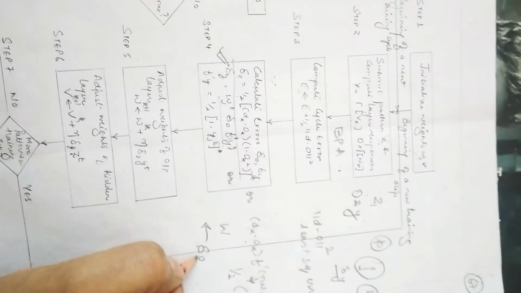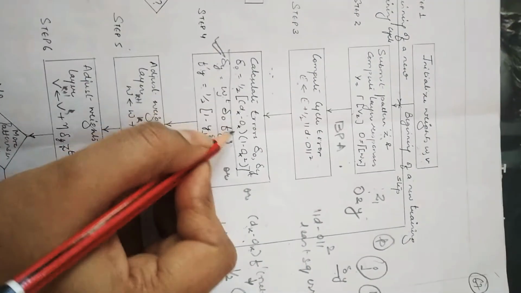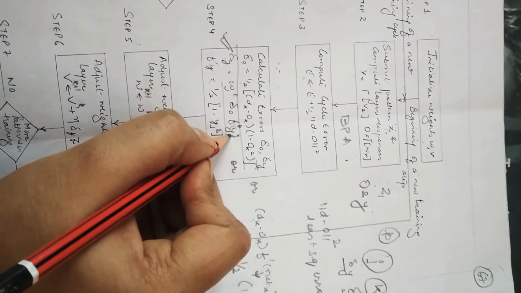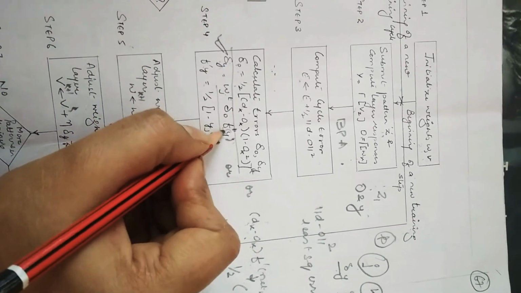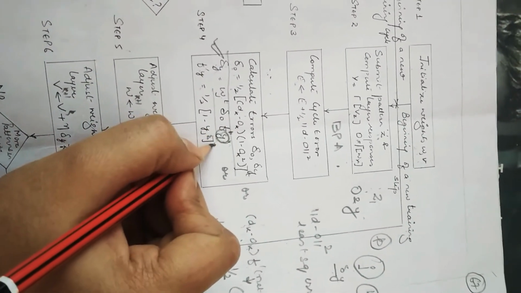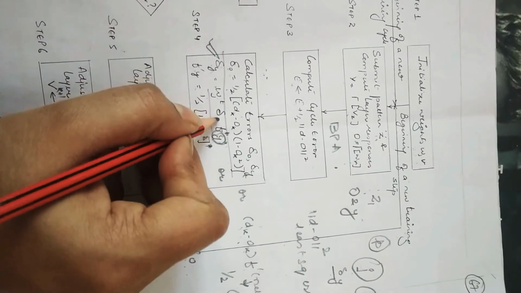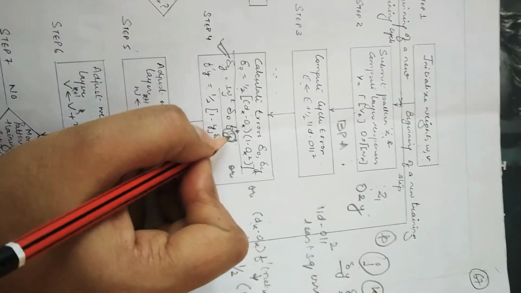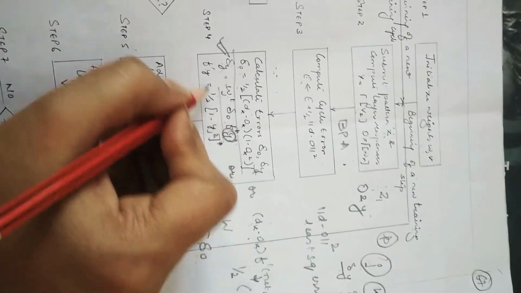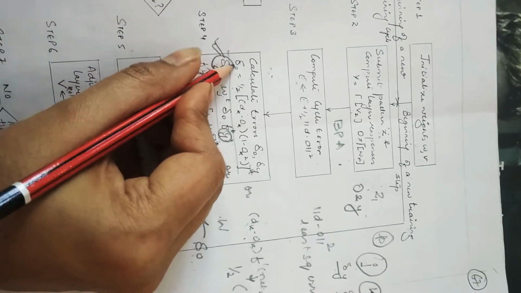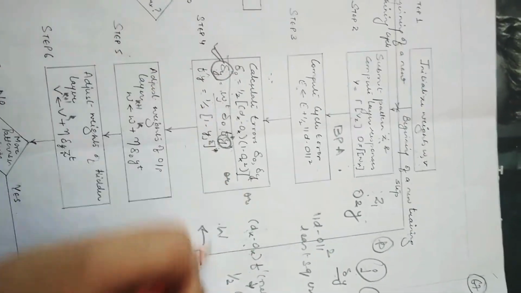So delta o multiplied by W with f dash net of the y layer. So W delta o multiplied by f dash of y. This is delta y, where f dash y we can write here just like this.